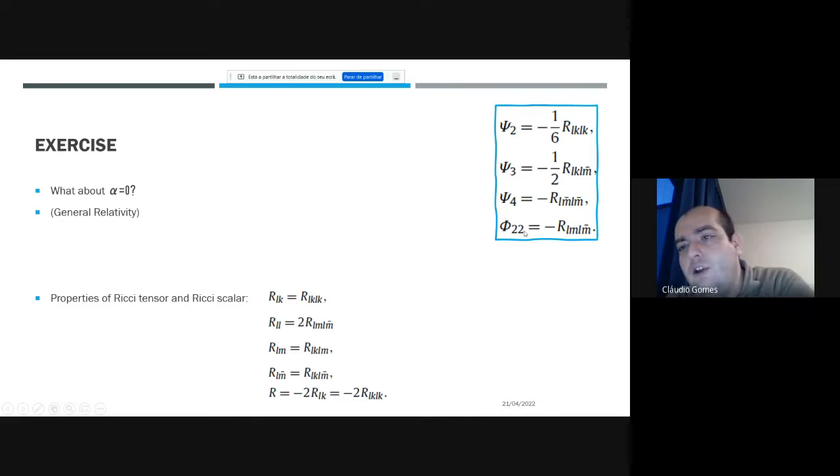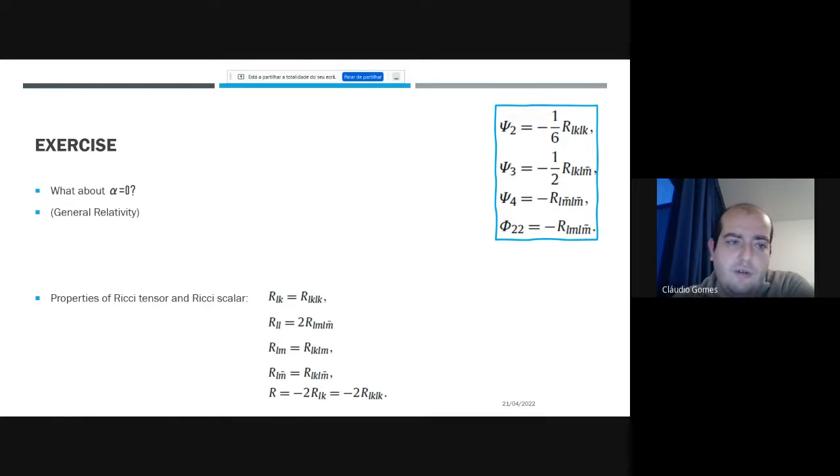Remember that these are the non-vanishing and linearly independent Newman-Penrose quantities. We need to understand that there are other properties, other symmetries of the Ricci tensor and the Ricci scalar. So let us look into these properties, or symmetries.